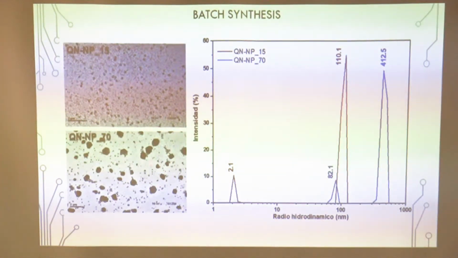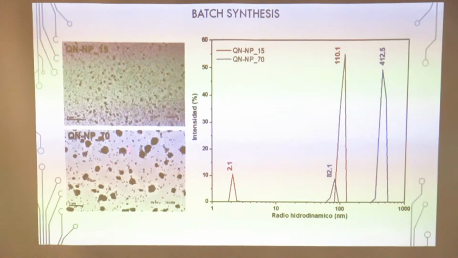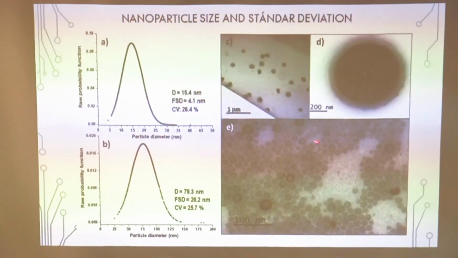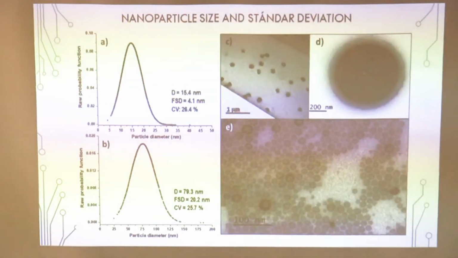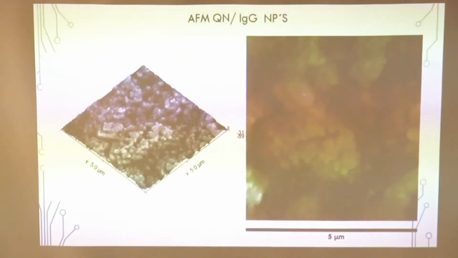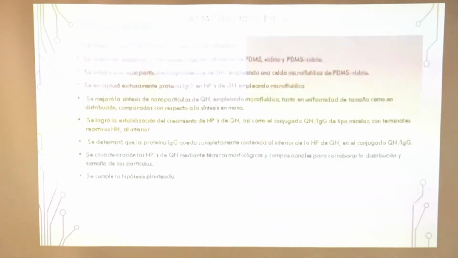This is the result of the same nanoparticles created by the batch method in the laboratory in a flask. So we can see the results are very different from the fabrication of the nanoparticles with microfluidics. And these are some results of AFM characterization.